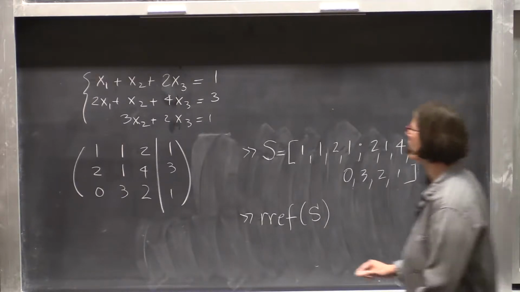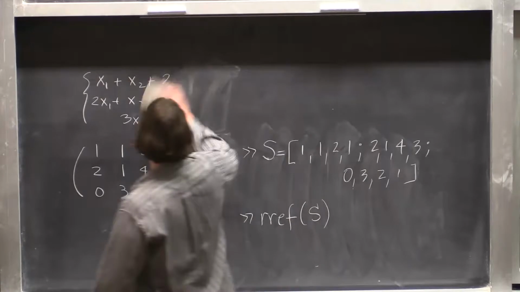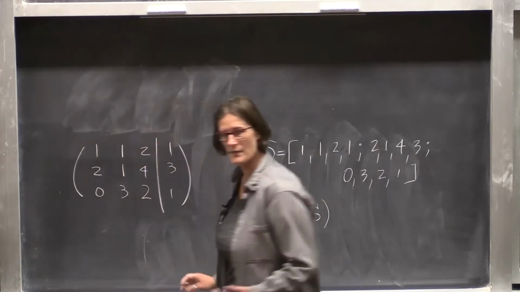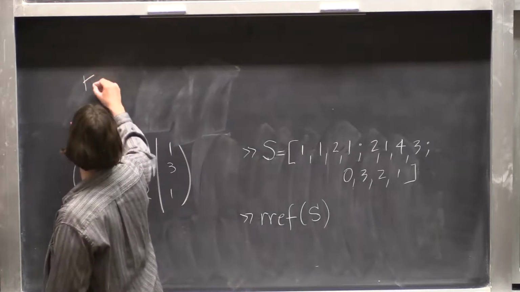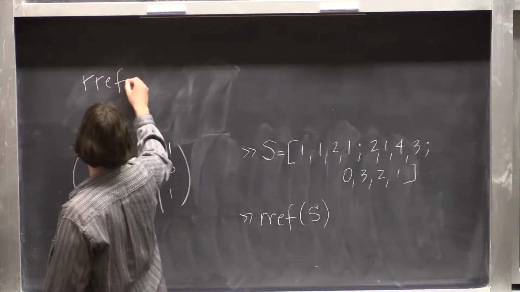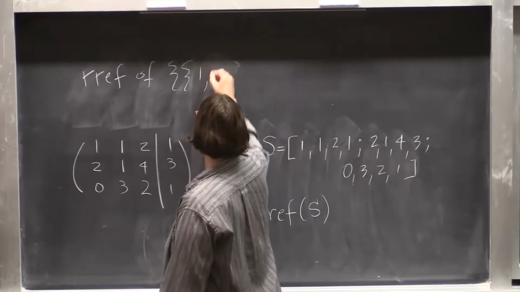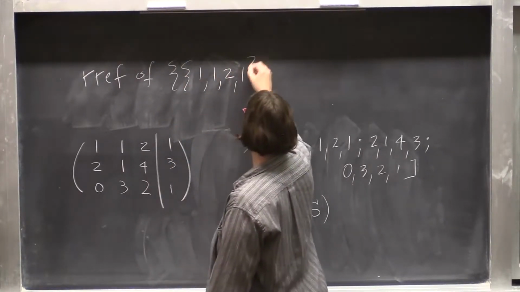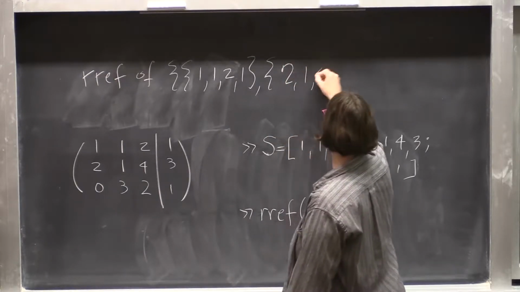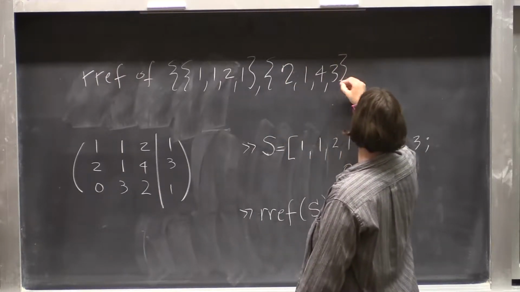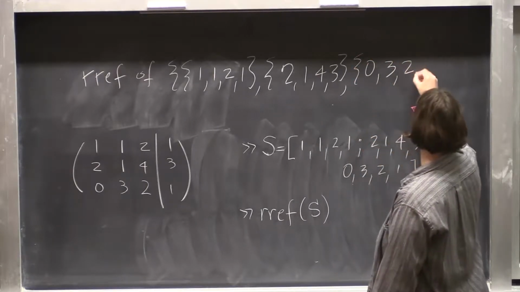If you're in Wolfram Alpha, which you have wherever you have a browser, you would just type rref of {{1, 1, 2, 1}, {2, 1, 4, 3}, {0, 3, 2, 1}}.